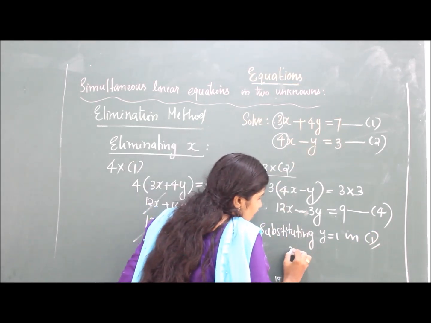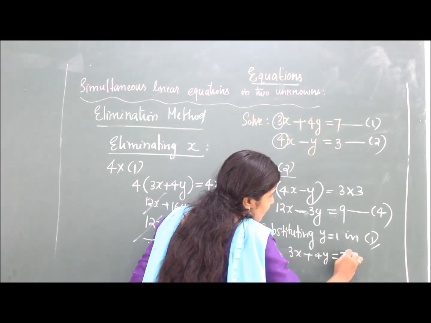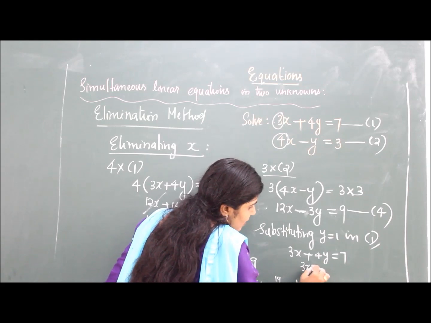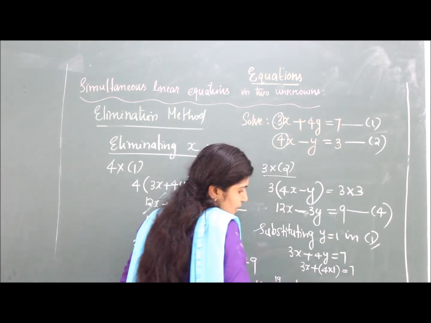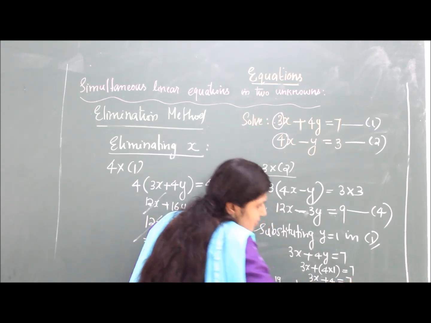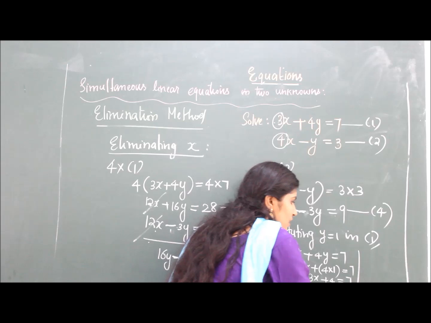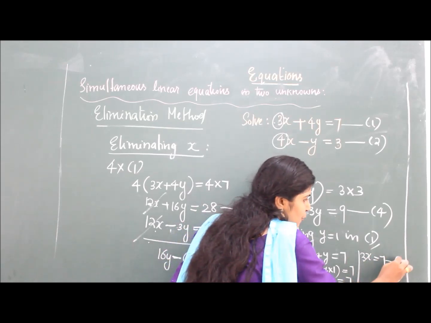So equation 1 is 3x plus 4y is equal to 7. Right? So this becomes 3x plus 4 into 1 is equal to 7. This means 3x plus 4 is equal to 7. Okay? So this becomes 3x is equal to 7 minus 4.